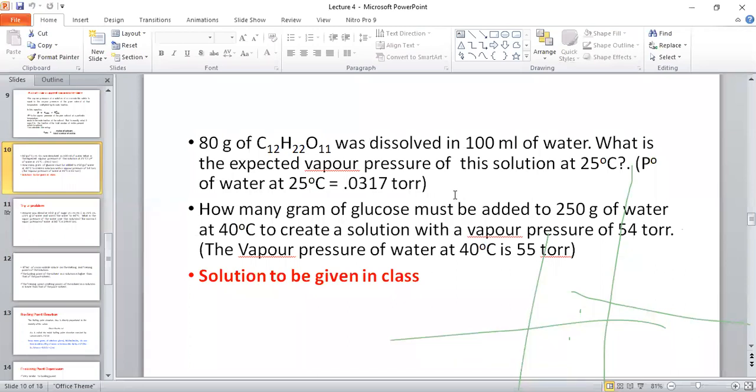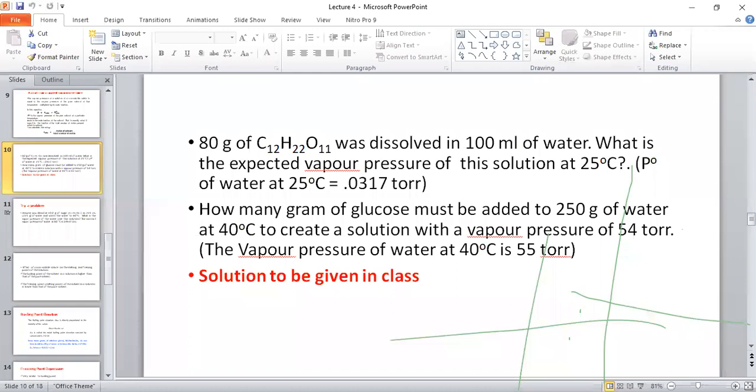So now you have the X for the water. With that X, you can now put it into the equation for the vapor pressure of a solution of non-volatile solutes. So the vapor pressure P is equal to X of water multiplied by P, the vapor pressure of the pure water.